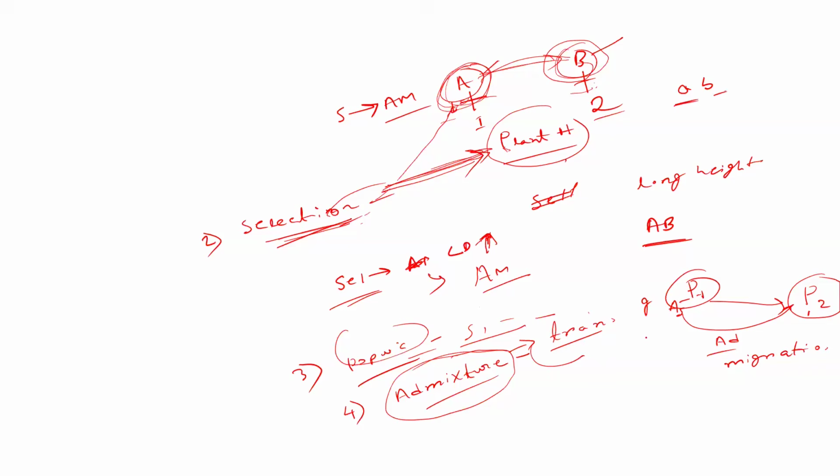Due to admixture and migration, the allele frequency changes, since the allele was not present before but is present after migration. So it affects the allele frequency for this locus. If the frequency changes, then it affects association mapping and linkage disequilibrium.